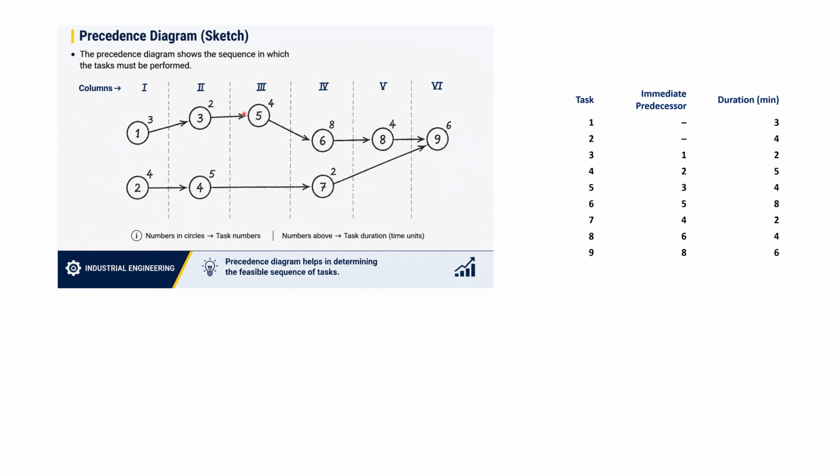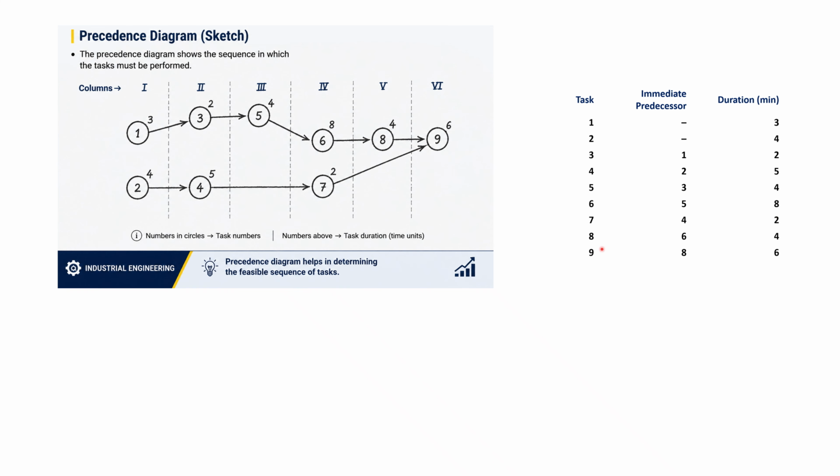So draw an arrow from 5 to 6 and the duration above 6. Then 7, the precedence is 4. 4 is here. After 4, 7 is started. So draw an arrow from 4 to 7. 2 is the duration.